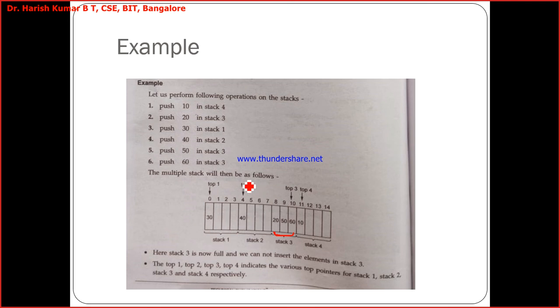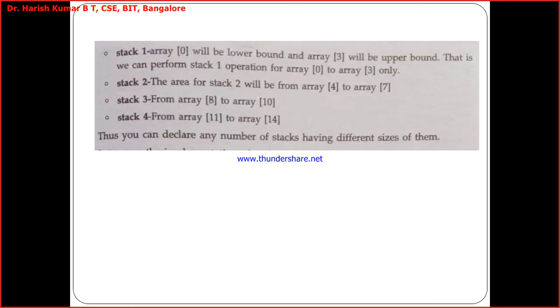Similarly, when top 2 reaches 7, it should tell me stack 2 is full. So for stack 1, array of 0 will be the lower bound and array of 3 will be the upper bound. We have to set this so that we can perform the stack operations. Perform stack 1 operations for array of 0 to array of 3 only. That means I have to define the boundary of stack 1.